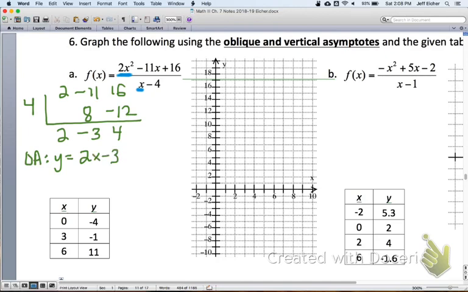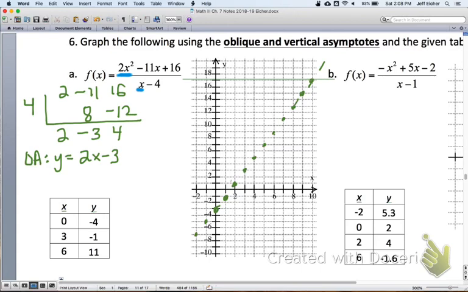Since we just got that, let's graph that. We'll graph negative 3 on the y-axis. We'll go up 2 over 1, up 2 over 1, etc. There we go.